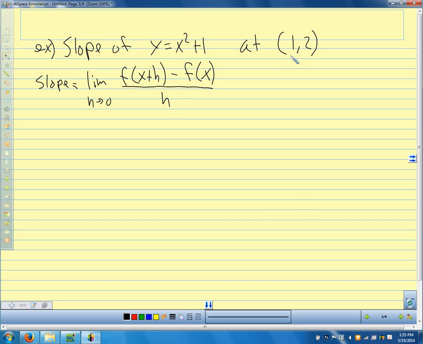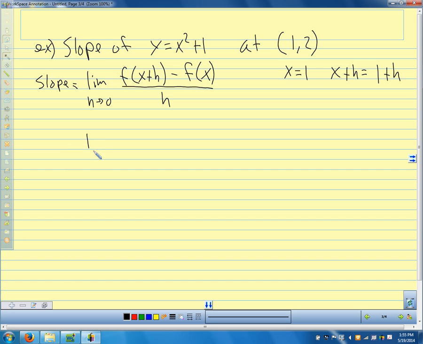In this problem, x equals 1. So x plus h is just going to be 1 plus h. This tells me to evaluate my function at x plus h, so I'm going to evaluate my function at 1 plus h.